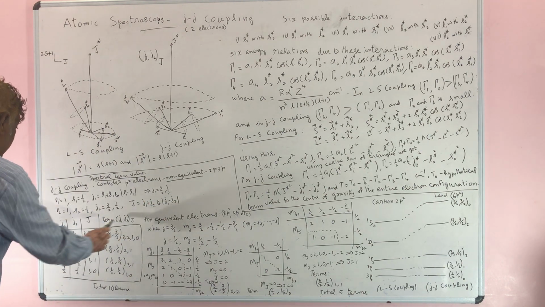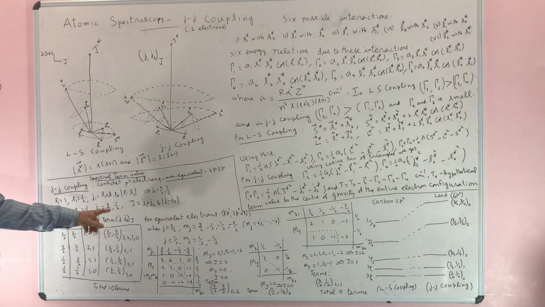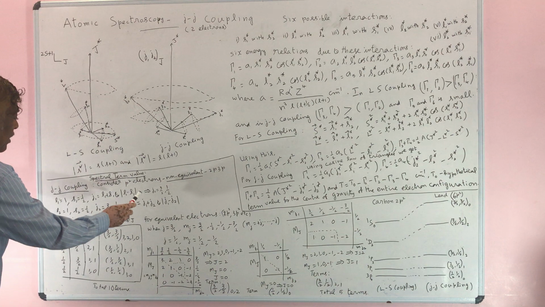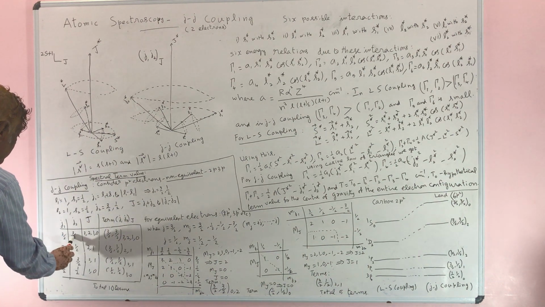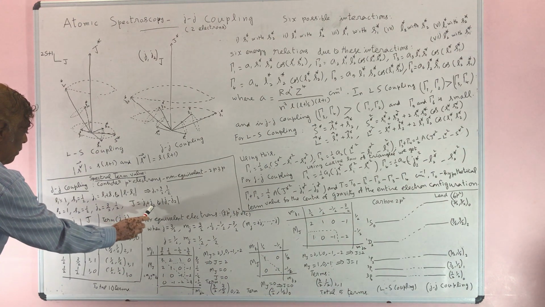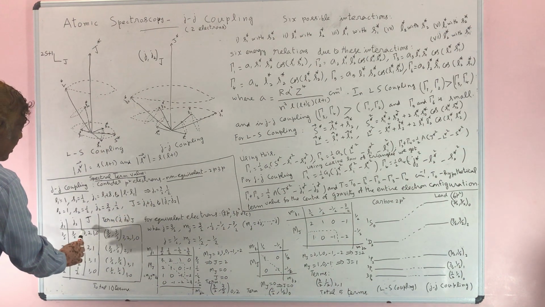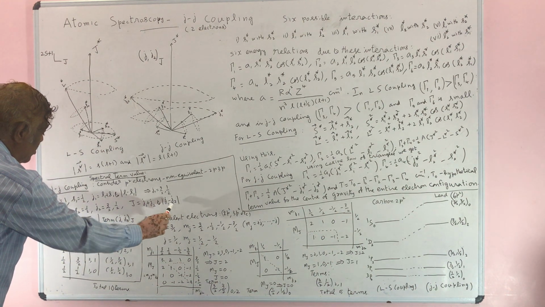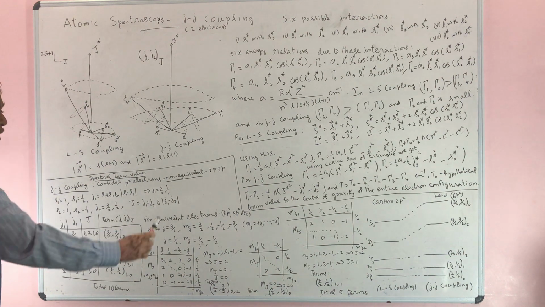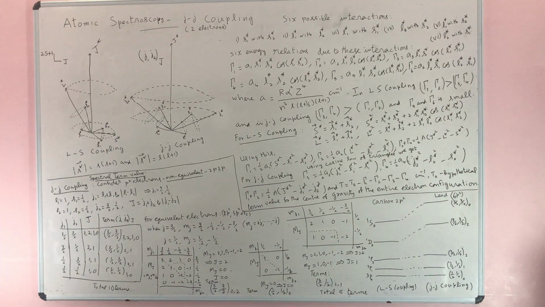If J1 is equal to 3 by 2 and J2 is equal to 3 by 2, J1 plus J2 is 3 by 2 plus 3 by 2, which is equal to 3. The last value is 3 by 2 minus 3 by 2, which is 0. In steps of unity it will decrease, so 3, 2, 1, 0. These are the 4 possible J values.